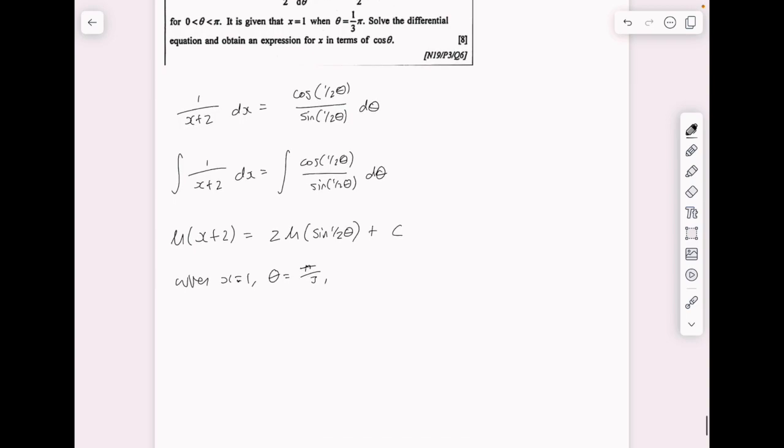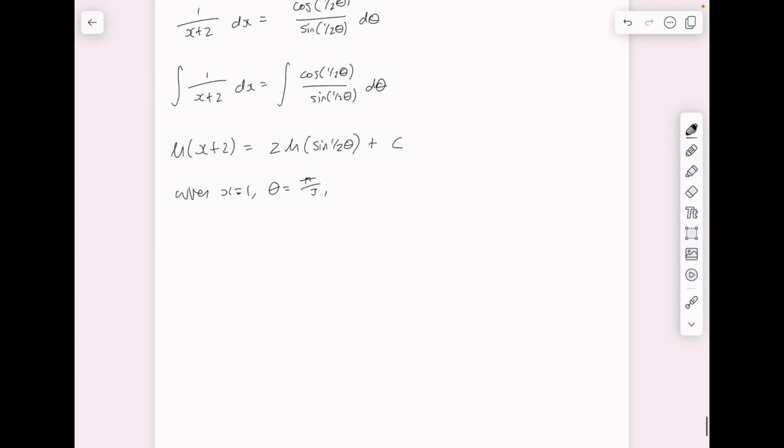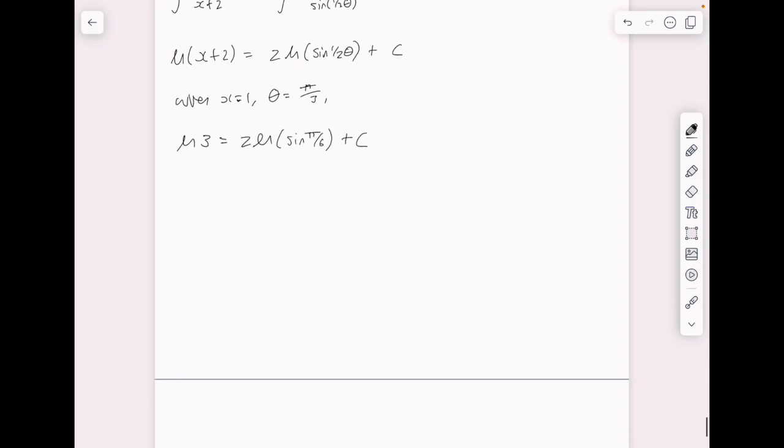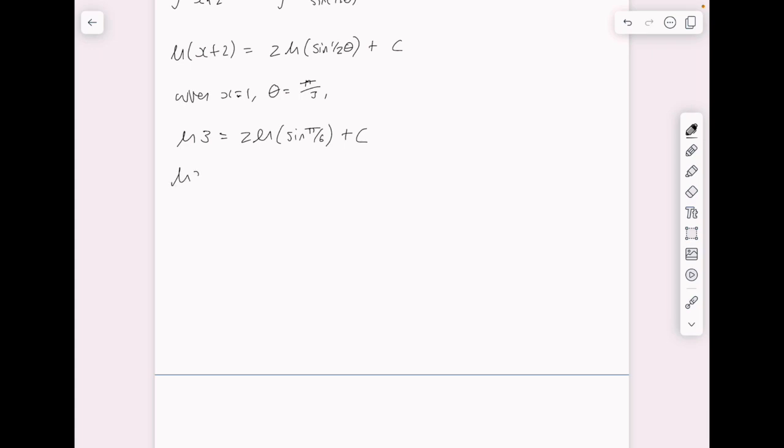Using this information, ln 3 is going to equal 2 ln of sine of pi over 6 plus c. Therefore ln 3 is going to equal 2 times ln half plus c.